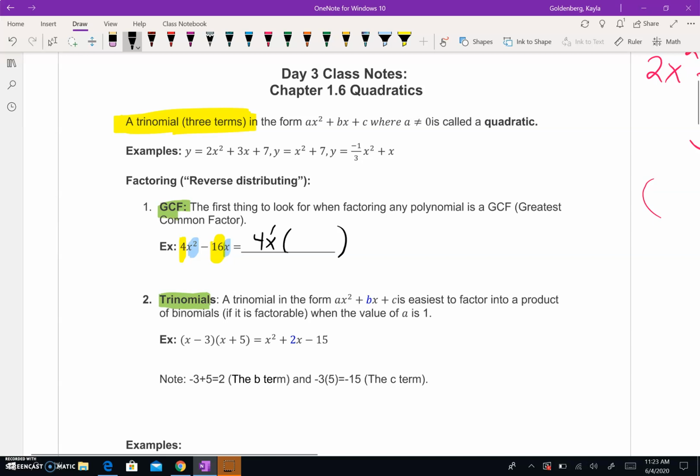I would think about, okay, 4x times what is 4x squared? It's just going to be an x. And then 4x times what is going to be that 16x? I need a 4.